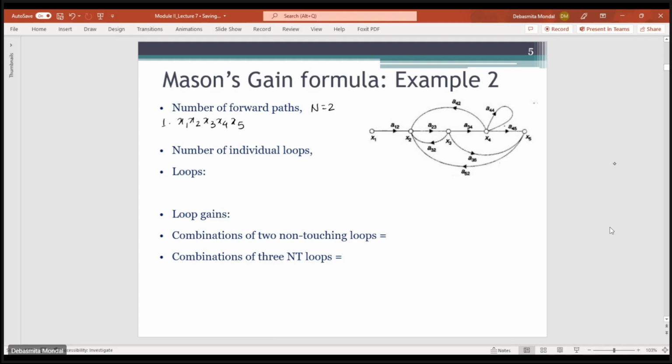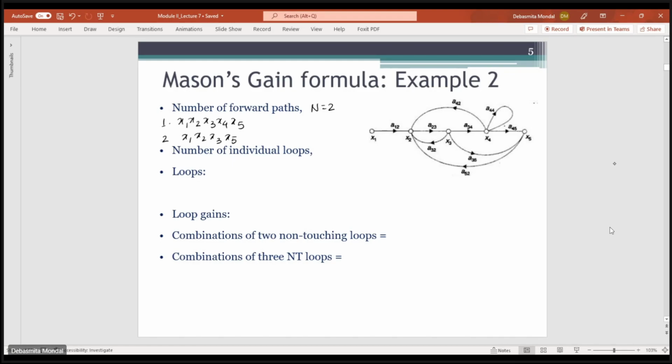And forward path number 2 will be x1, x2, x3, and from x3 you move directly to x5. So x1, x2, x3, x4, x5, and then x1, x2, x3, and then you move along this one and you reach x5.